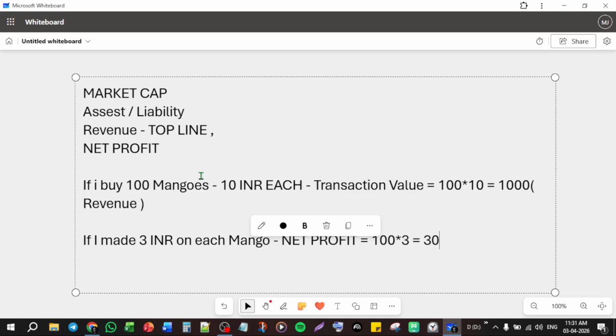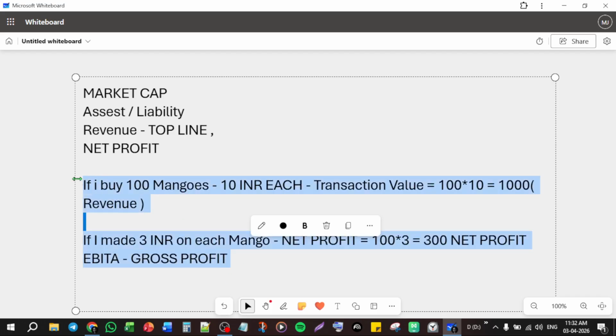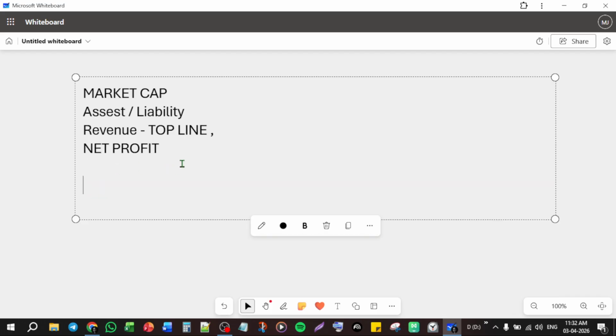Then I made 300 as net profit. You need to understand this. There are terms like EBITDA, there are terms like gross profit. I'm not getting into all that. But if you know four things about a company, you can make a great watch list.